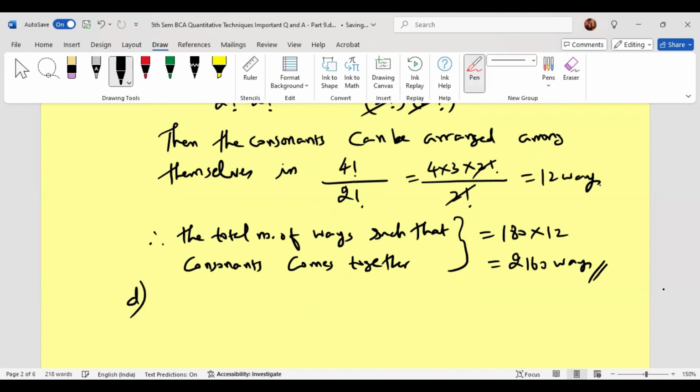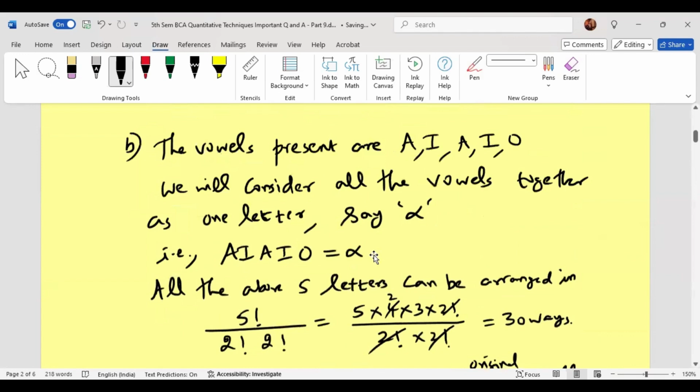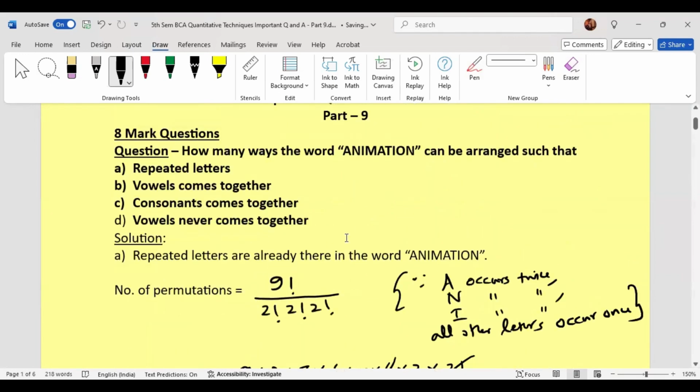Now part D. Part D is what? Vowels never come together.